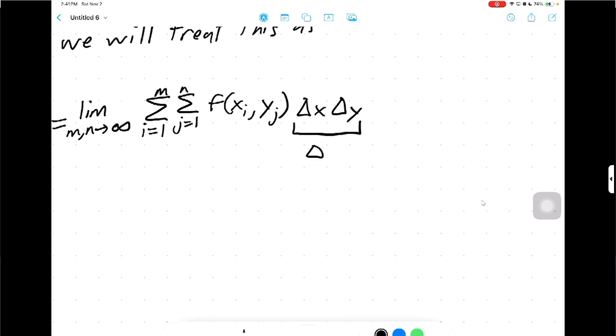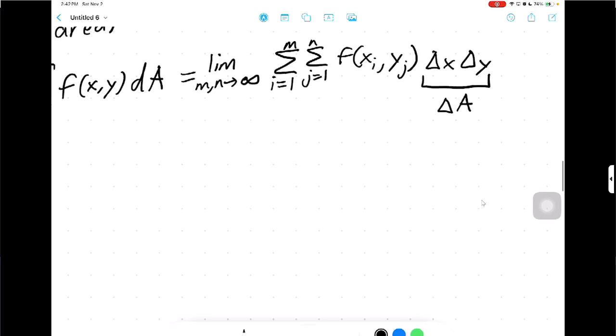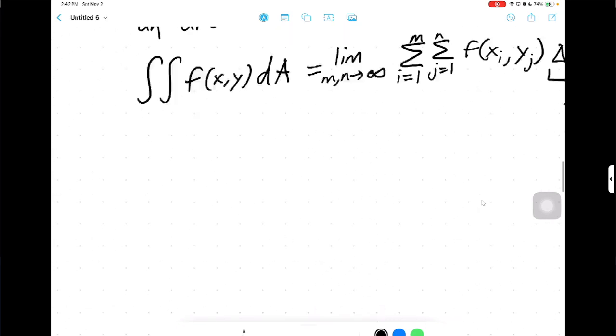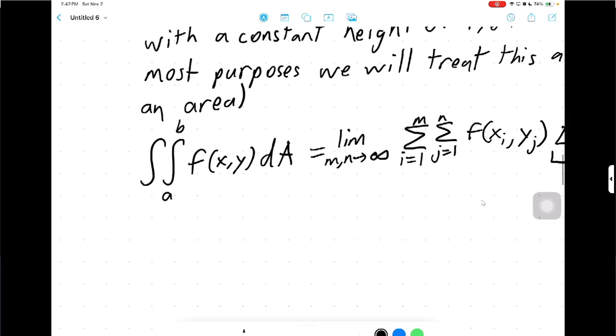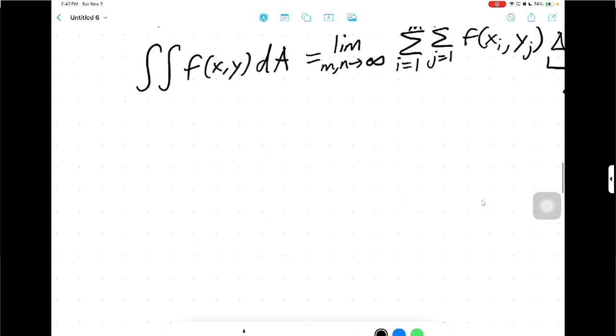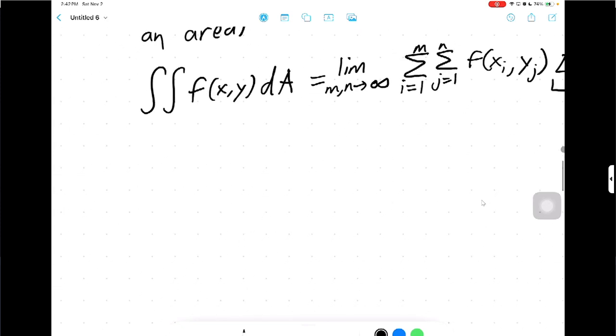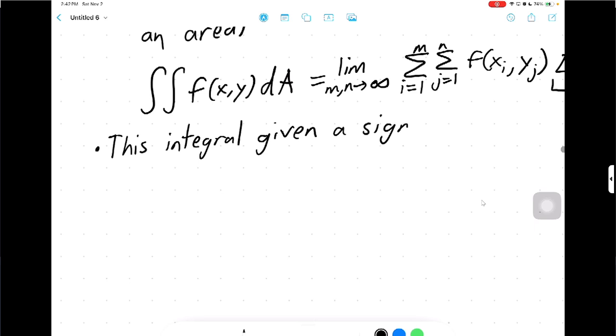This often just gets abbreviated to delta A, like so. And this could be a definite or an indefinite integral, it really doesn't matter. These have the same limit definition right here. This integral gives a signed volume, so the volume can be positive or negative. It doesn't really matter here.